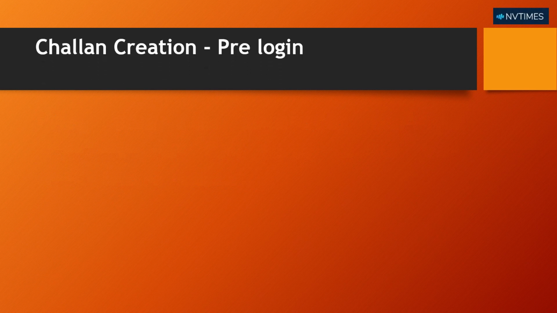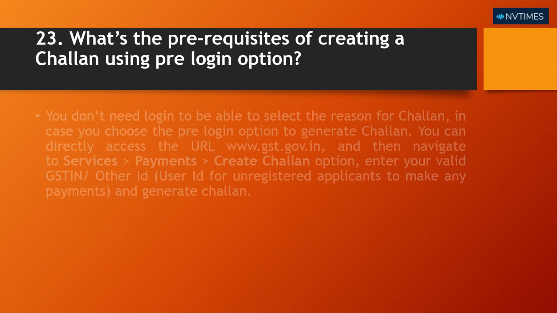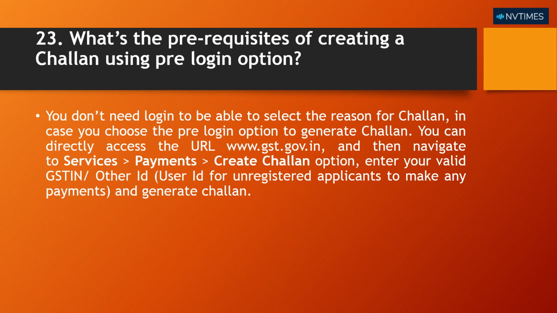Challan creation pre-login. What is the prerequisite of creating a challan using the pre-login option? You don't need to log in to be able to select the reason for challan. In case you choose the pre-login option to generate a challan, you can directly access the URL www.gst.gov.in and then navigate to Services, then Payments, then Create Challan option.